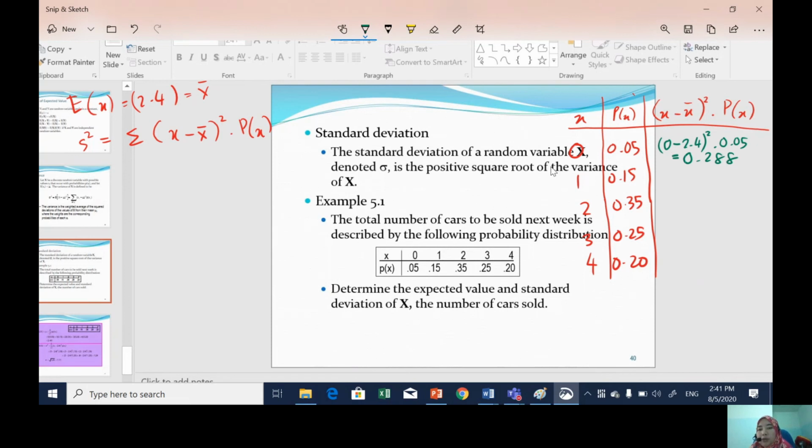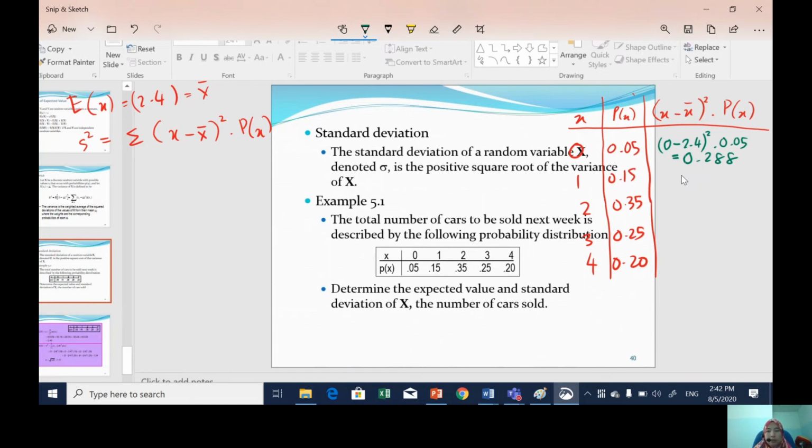Okay, we do similarly for the next one. For x equals 1, the calculation for this column is 1 minus 2.4, our mean just now, in the bracket to the power of 2, times 0.15. I'm going to show you directly the calculation in the table.